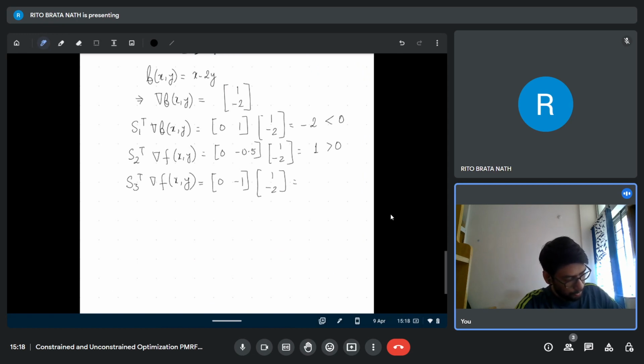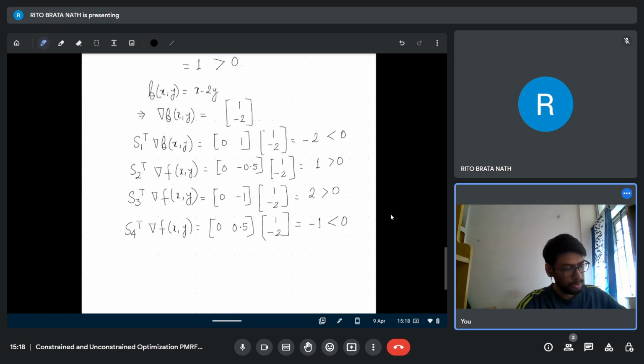This becomes 2. This is again greater than 0. And finally, there's the fourth one. This is (0, 0.5) times (1, minus 2). So this is minus 1. So this is less than 0.